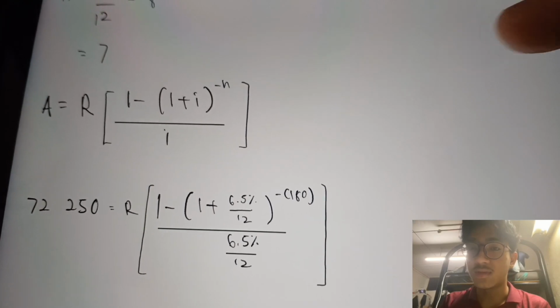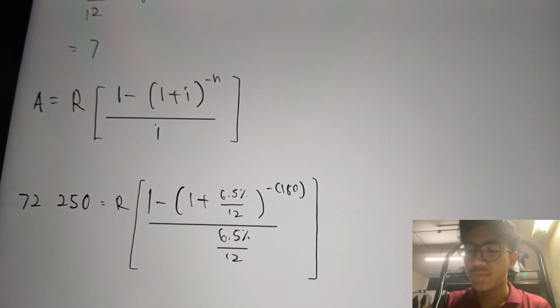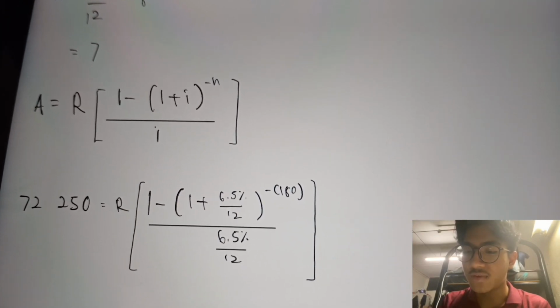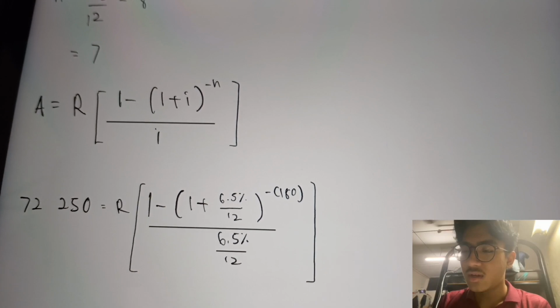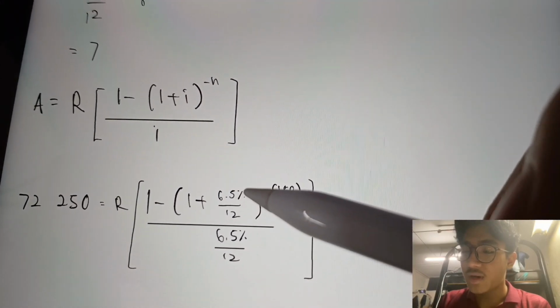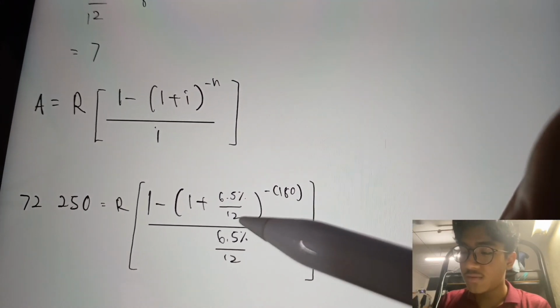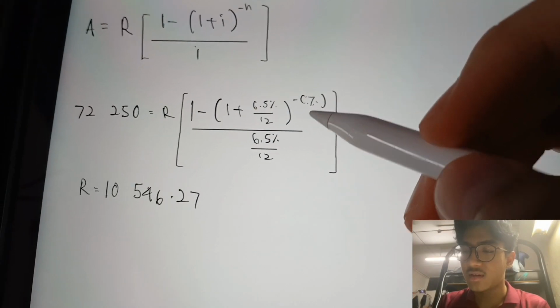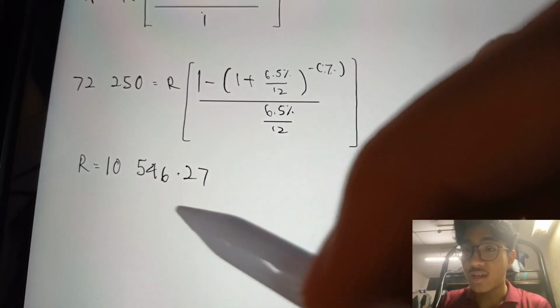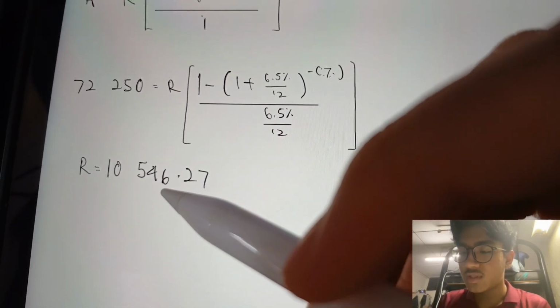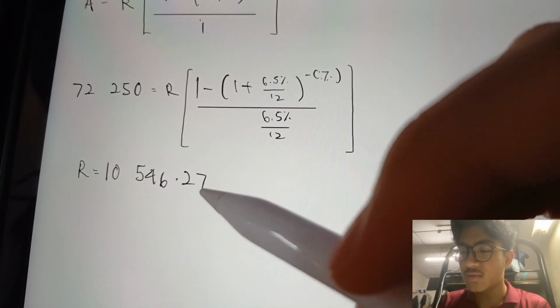So you just substitute it into the formula. A is 72,250, R is unknown, i is 6.5% divided by 12, and n is 7. So calculate and you will get R equals 10,546.27.